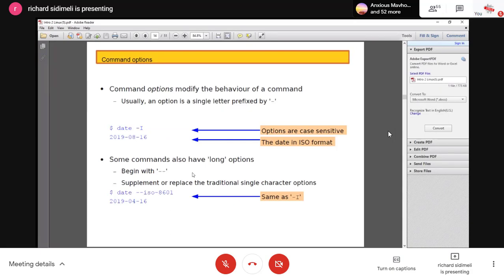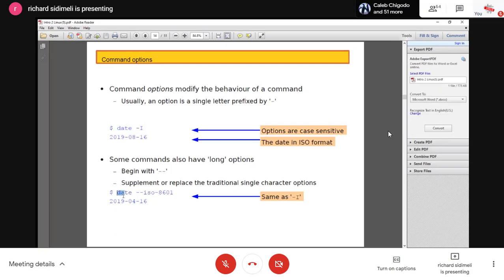The other usage is adding a switch to a command like date, for example -I. That changes the format in which the output is given. So for you to get the ISO format, you say date space -I. That goes to the option and chooses the ISO format, and then gives you the date in that format.